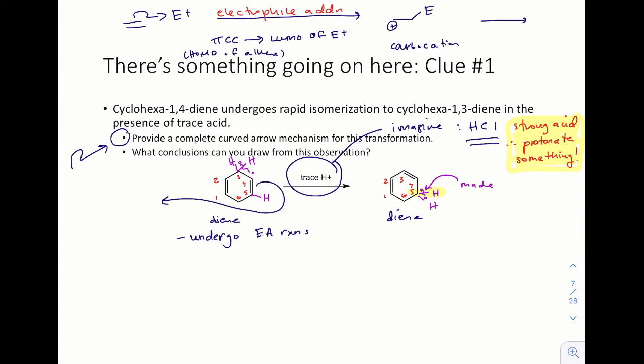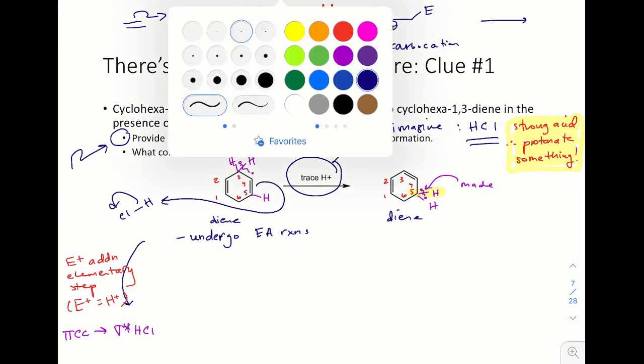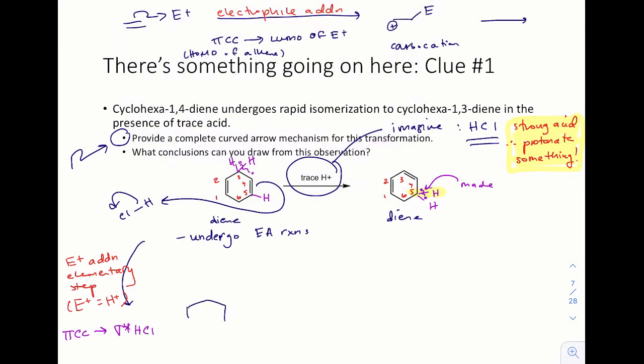Yes, perhaps carbon 5. So in an electrophilic addition elementary step, where the electrophile is the proton, the pi-CC electrons react with sigma star HCl, protonating carbon 5 and generating a carbocation at carbon 4.